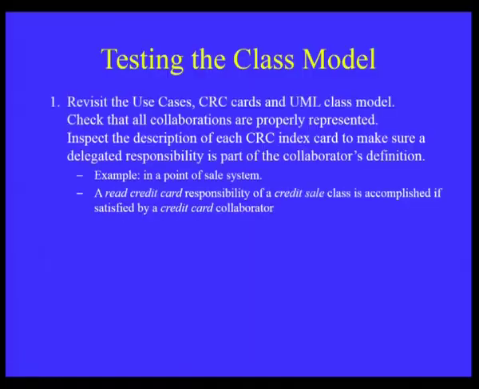That is how we have been talking about testing the class model. We started doing, let us do it in the middle, revisit the use cases, CRC cards, UML class model, everything we wanted to do like what we were doing in traditional testing, but with a difference, as we have been discussing in this set of lectures.